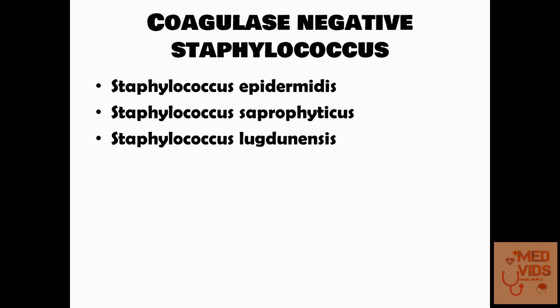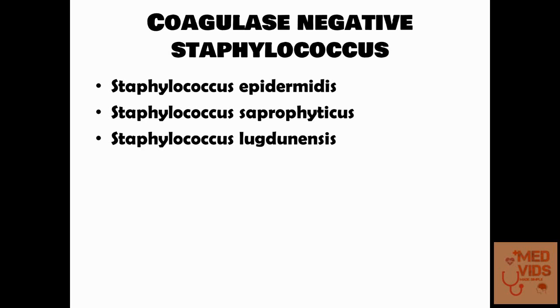The most important of them all is Staphylococcus epidermidis, so I'll discuss that in a bit more detail. But remember that Staphylococcus saprophyticus can cause urinary tract infection, especially in sexually active young women. And Staphylococcus lugdunensis is thought to be associated with endocarditis and osteomyelitis.